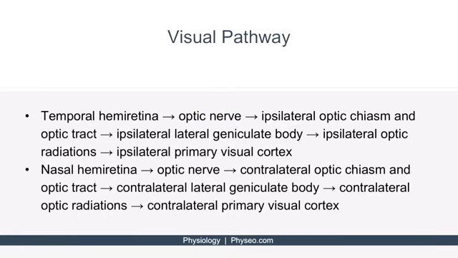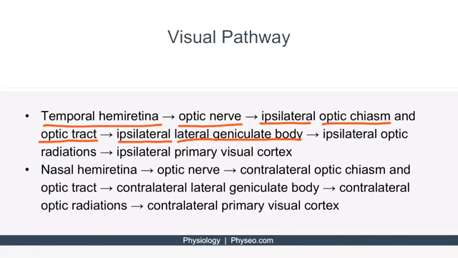Starting with the temporal hemiretina, which is the lateral halves of each retina in each eye. It goes from the temporal hemiretina to the optic nerve, and then through the optic chiasm, and anything temporal stays ipsilateral. It does not decussate. After the chiasm, it goes to the optic tract, again staying ipsilateral, and finally to the lateral geniculate body.